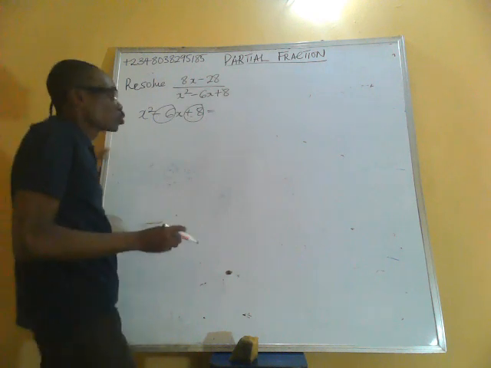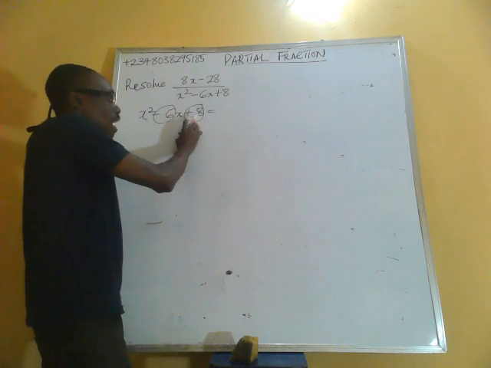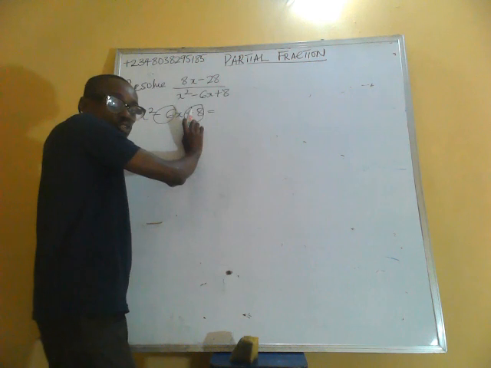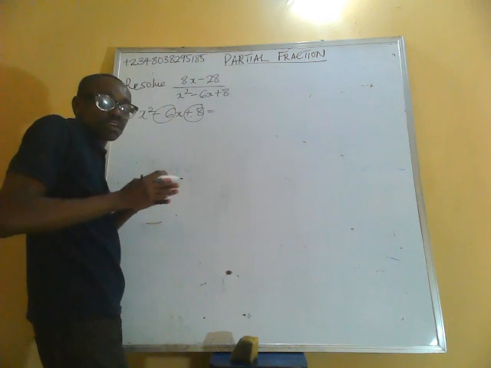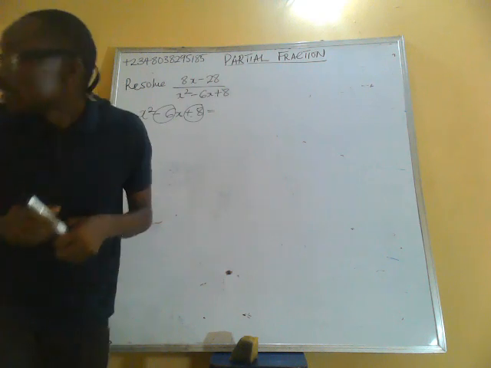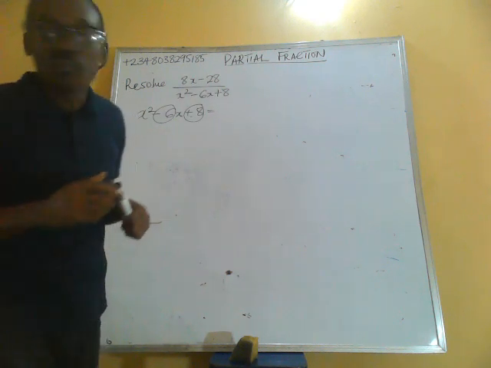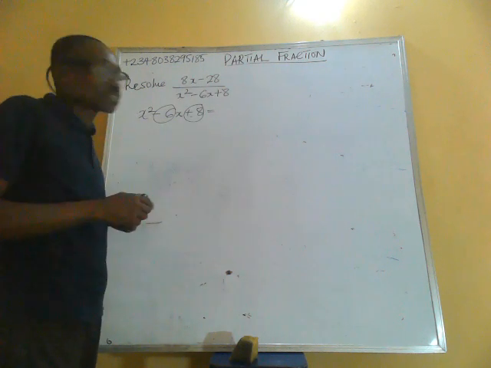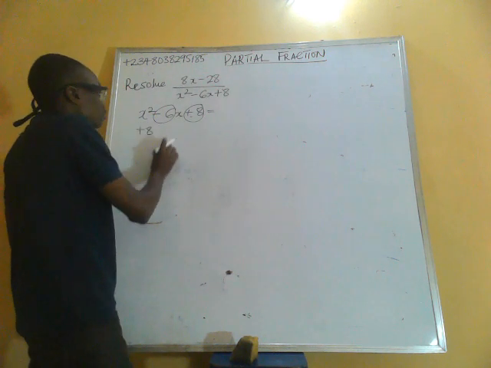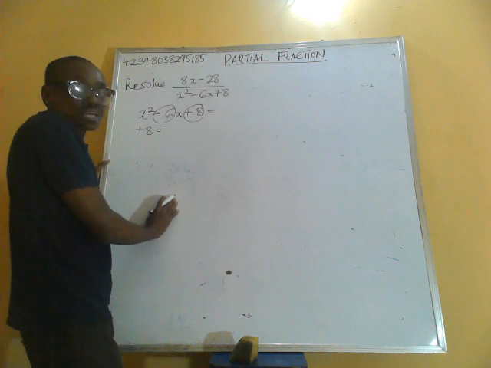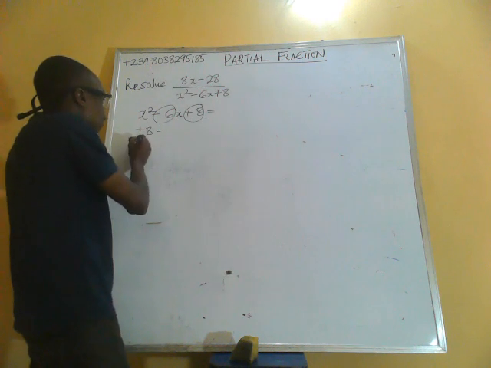We have to look for two numbers that when multiplied will give us plus 8, and when we combine them directly, without multiplication, we end up with minus 6. Which two numbers will give you plus 8 and minus 6?